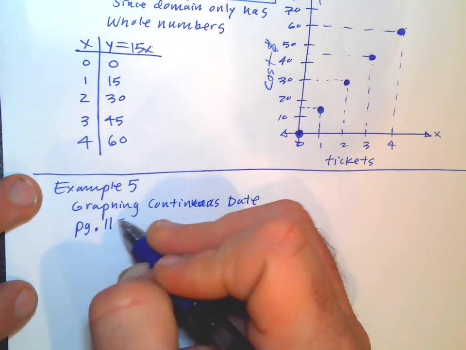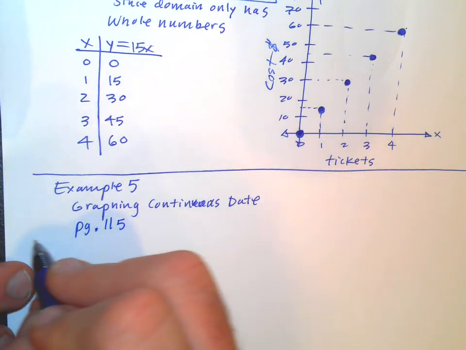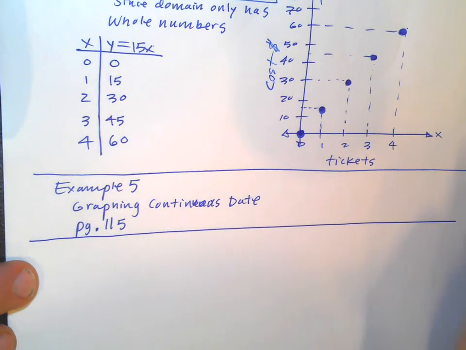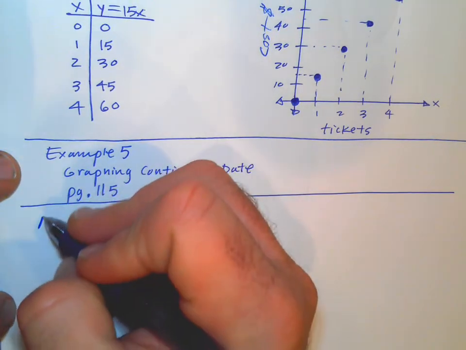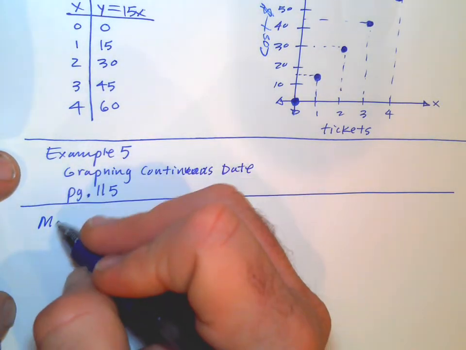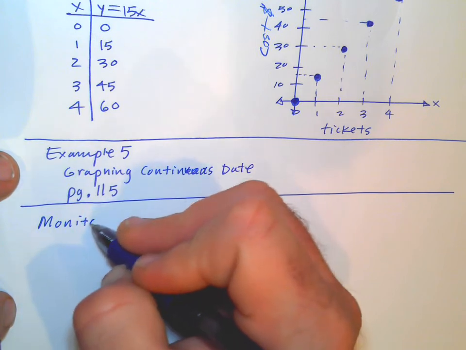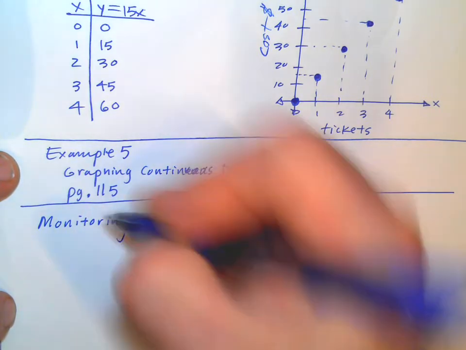So I want you to copy down example 5 on page 115 for the rest of your notes. After that, you need to upload your notes to Google Classroom to get full credit. You need to have all the notes.